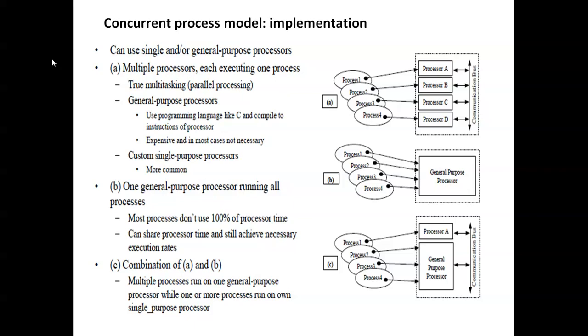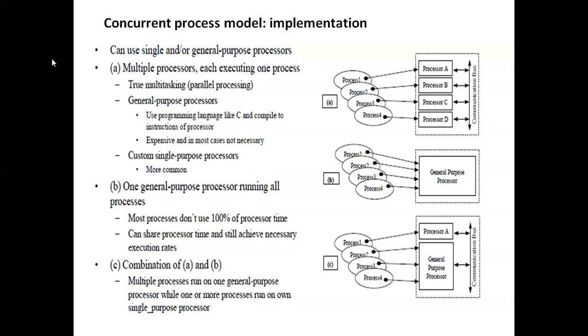You can see the diagram, figure A: multiple processors, each executing one process. Processor A, processor B, processor C, and processor D are multiple processors, each executing one process. They have a common communication bus.